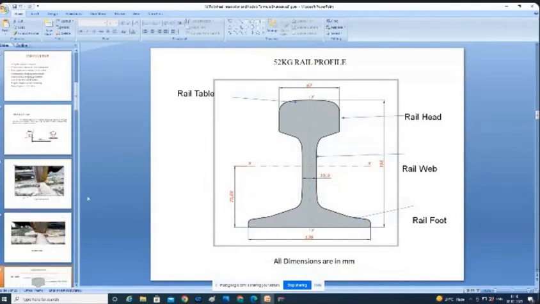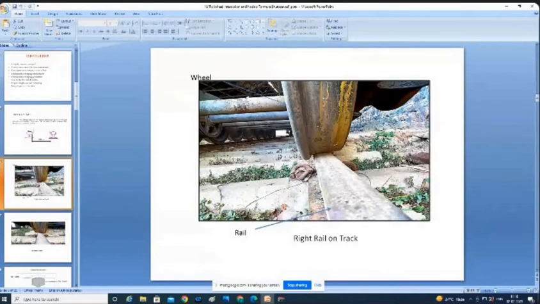The next thing is, let us come back to our rail and wheel. Here I have shown you this is the rail, this is the wheel. In total we call it a wheel set.